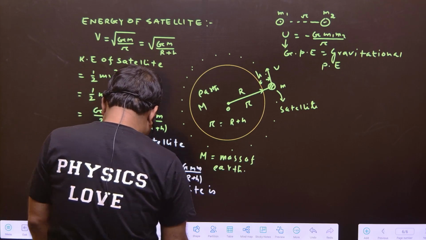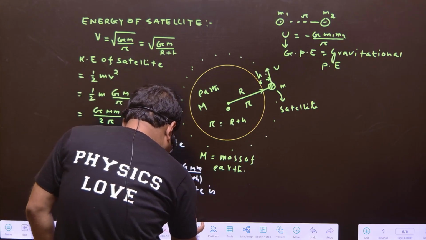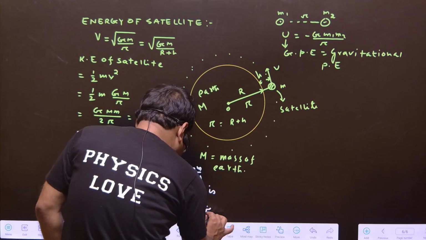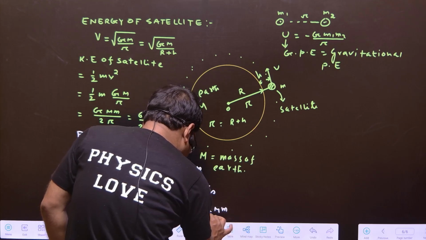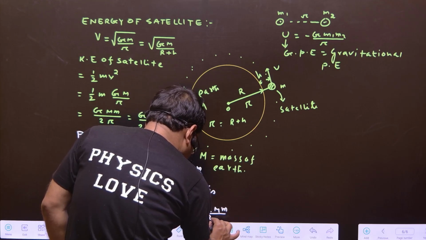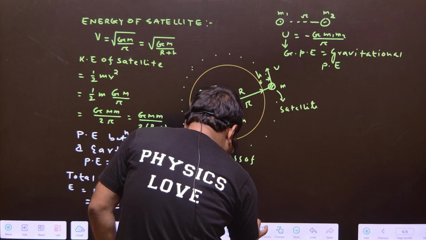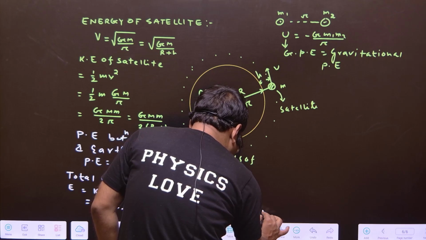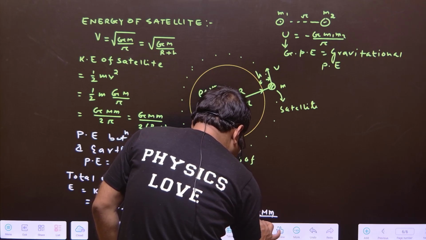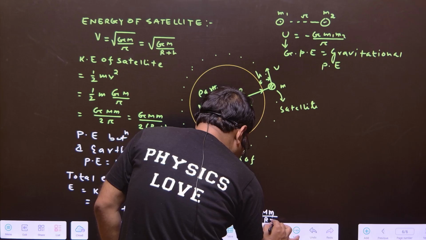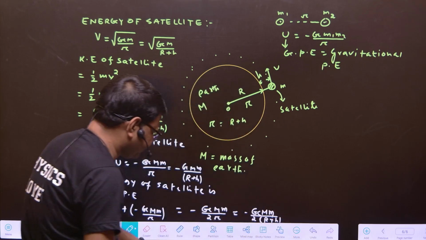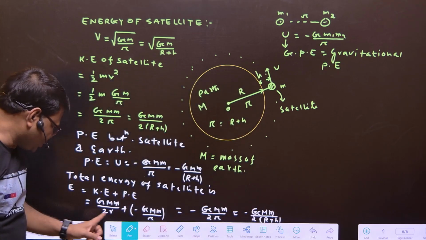Now the calculation here. After the calculation it will come minus G M m divided by 2r, or instead of r we can write here minus G M m divided by 2 into r plus small h. Now see, this is the total energy.